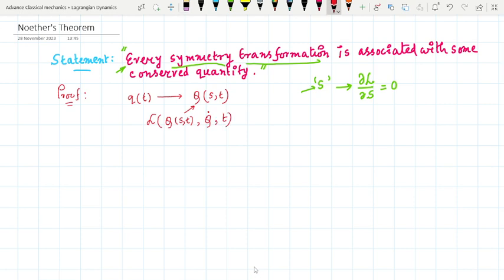Here S should be a real physical parameter.